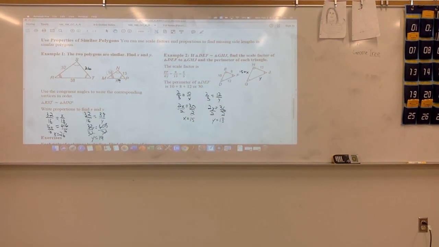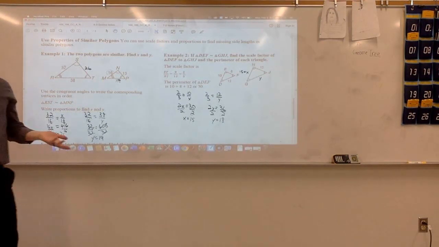Because it's not always going to be easy. Right? We want to show you the process for problems that you're not just going to be able to say, okay, the scale factor is 3 to 1, so I just multiply by 3. It's not always going to be that easy. Sometimes the scale factor will be 14 to 11, and you're not going to be able to do that in your head.